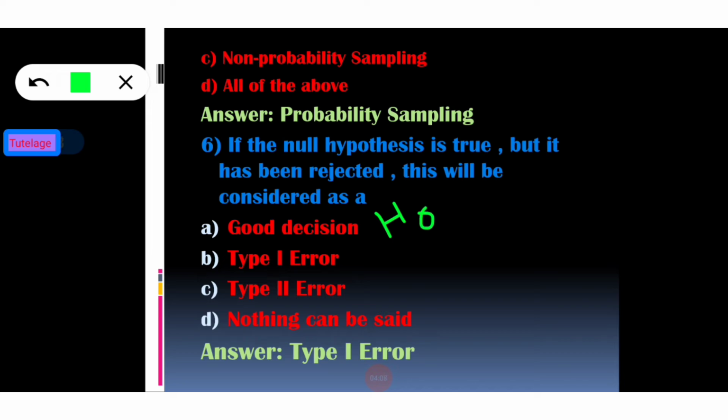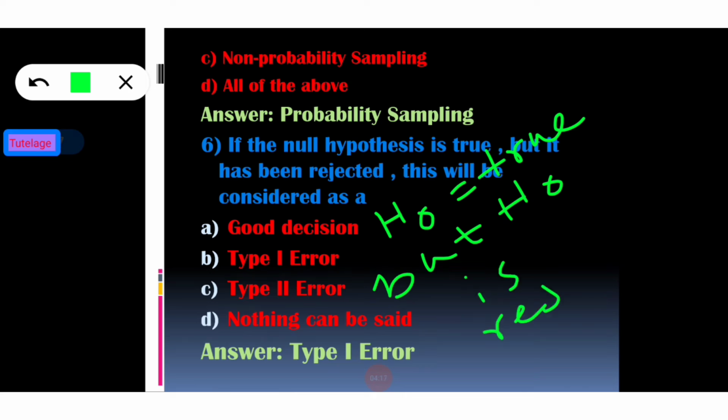So H naught is true but it is rejected, which is known as type 1 error. That's why if the null hypothesis is true but it has been rejected, this condition will be considered as a type 1 error. So option number B is the correct answer.